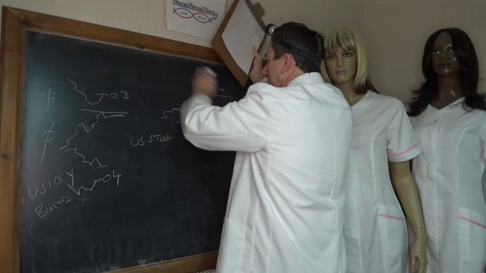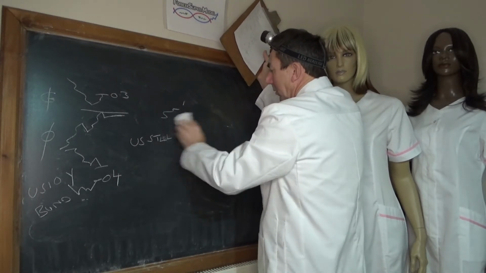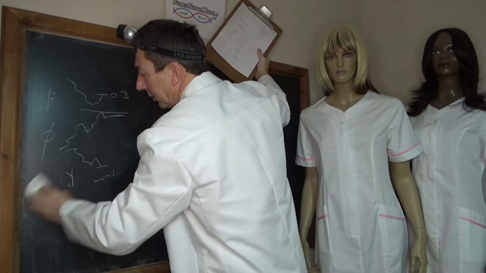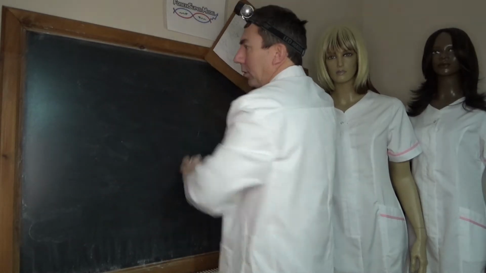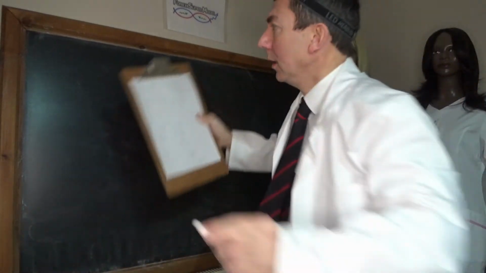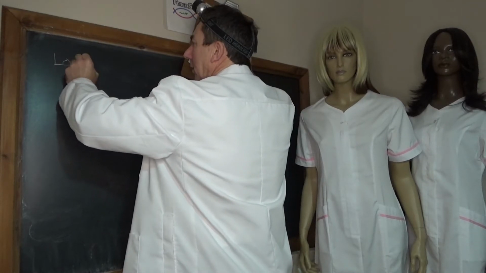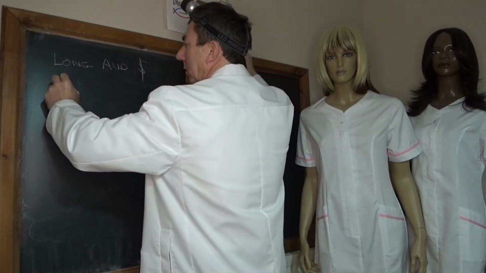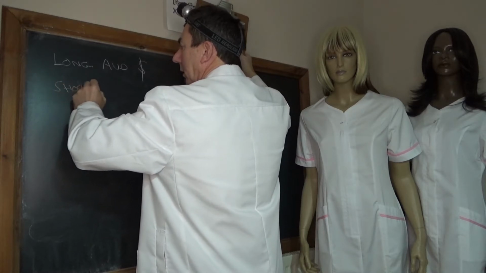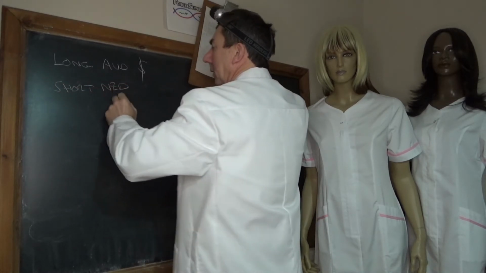Right. So what are the key things to look out for? Well, as I said, we're sticking with our positions. Let's have a look. So what are we doing? Well, we're long AUD dollar. We're short NZD.